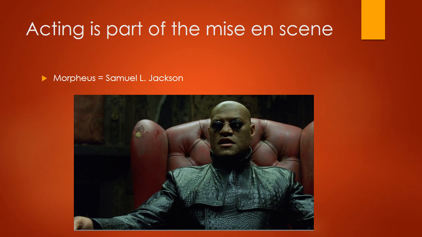It's not just they couldn't get a nice chair, it's that they wanted to show a world that was in decay, and so you've got those details. But also that's contrasted with the very slick, clearly very expensive leather garb that he has and his mirrored shades and all of those elements. But remember that the performance is part of this as well. It wouldn't be Morpheus in The Matrix if it weren't for Samuel L. Jackson.